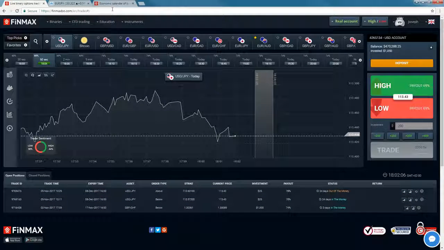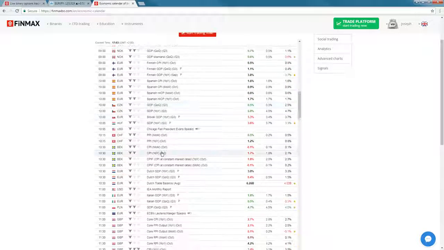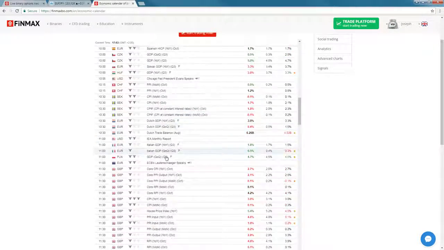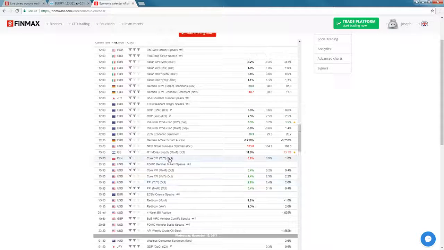Before we start trading using some technical analysis, I'm eager to do what I usually do before I start trading, to look through the economic calendar in order to understand if there are some events going to happen within a short period of time that will have influence on the assets that we will be trading, because you know that some fundamental events can change the course of technical analysis.